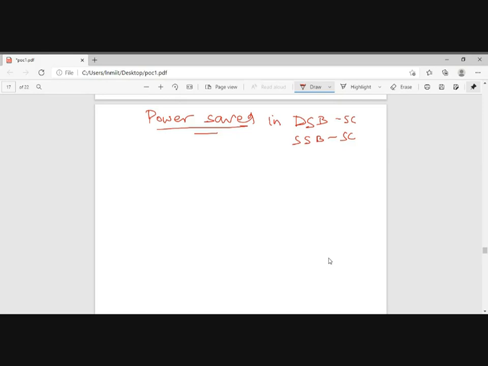So in power saved percentage, the reference will be AM. If I'm talking about this, my reference will be AM.